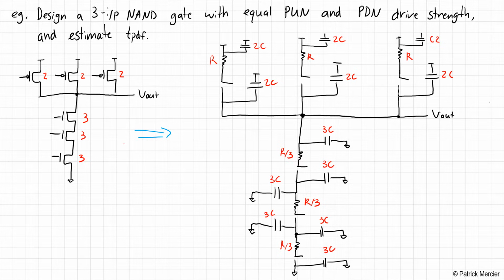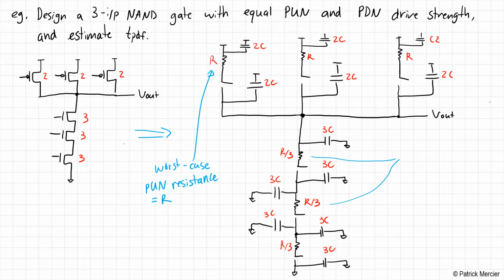Okay, perfect. All right, so let me just make a few notes here. So again, this is our worst case pull-up resistance. When only one of these transistors turns on, that's equal to R, so that's good. That's the same as a unit size NMOS.